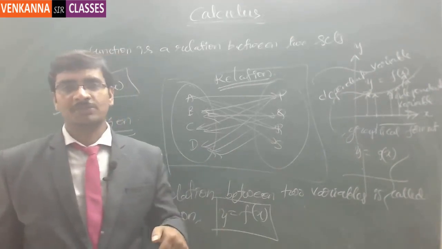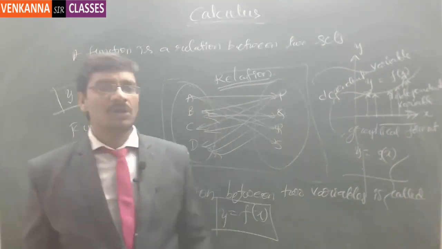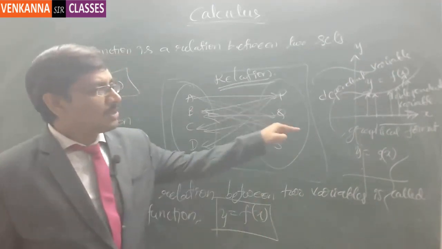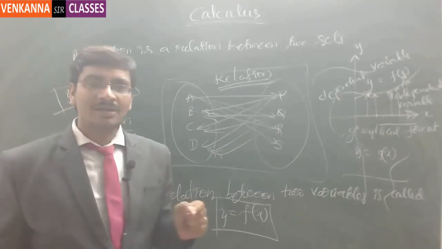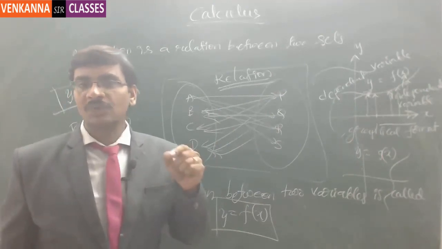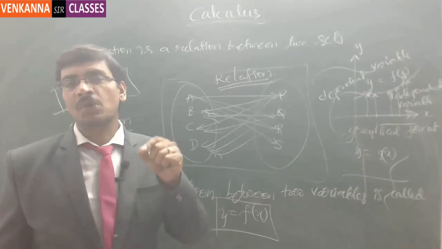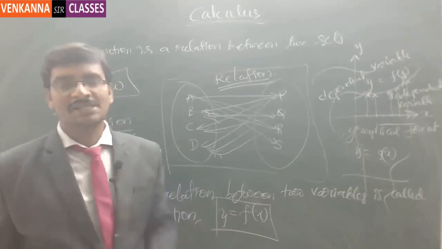What is meant by differentiability? Here, whatever functions we are talking about, depending upon the x value, you will be identifying the y value. But you are not concerned about how effectively the change is happening for a small change in the value of x. What does it essentially mean for us?